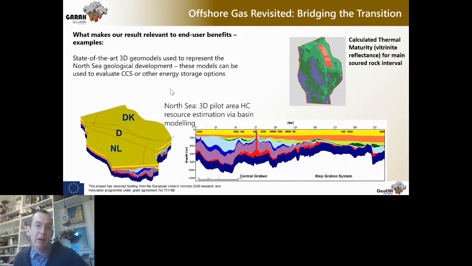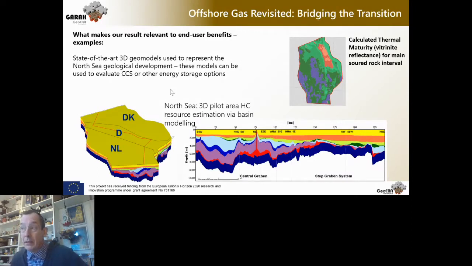We calculated, for instance, the main source rock transformation from kerogen to oil. These kinds of resource assessments can be used for evaluating where and how much oil and gas is present. But they can also be used to evaluate other usage of the North Sea, for instance the storage capacity and the diagenesis that the reservoirs have undergone. So these models have multiple uses in the North Sea.